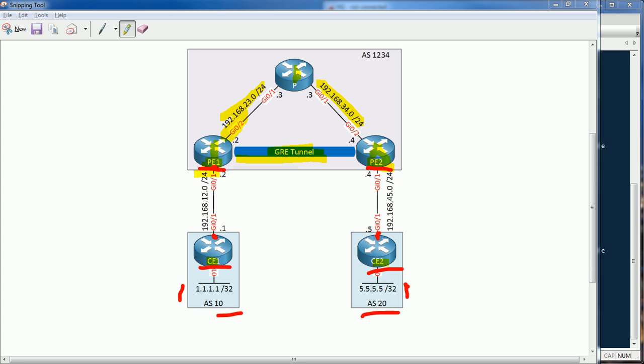We'll use this network, for example, 192.168.24.0/24, as the subnet on the tunnel interface.